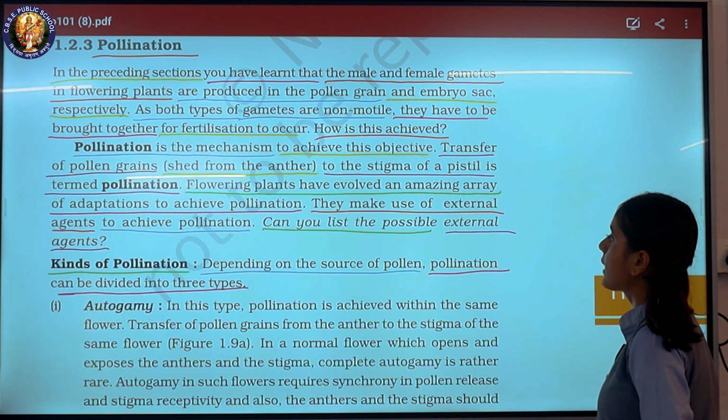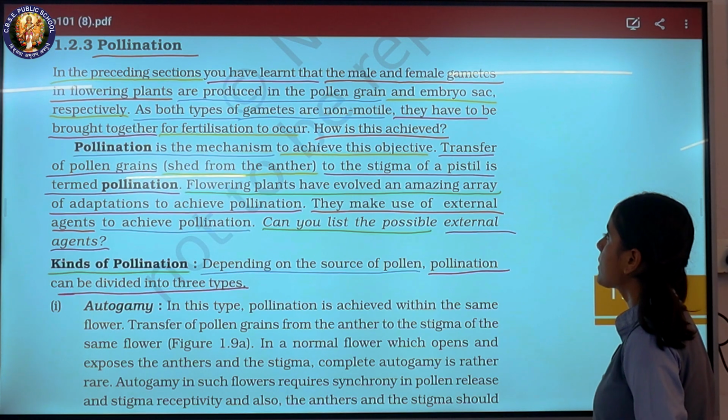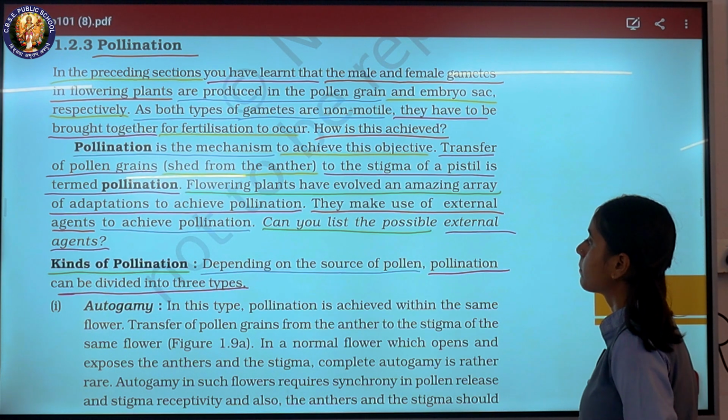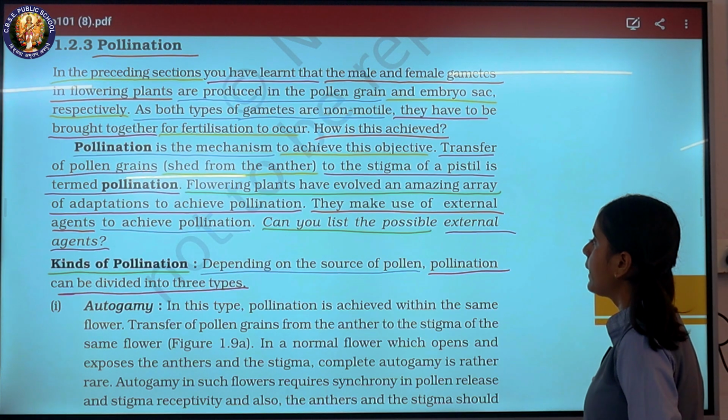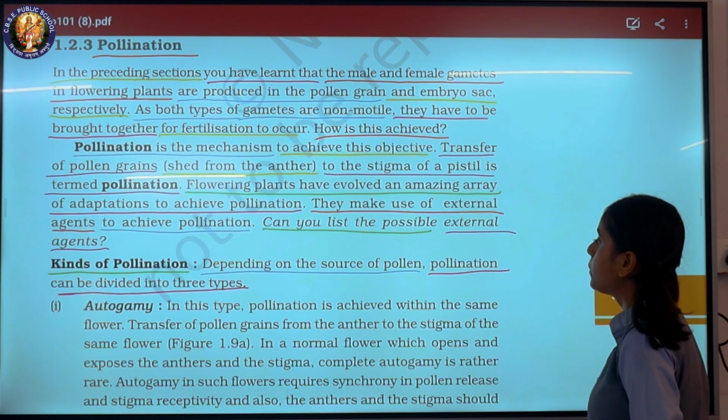They make use of external agents to achieve pollination. Can you list the possible external agents? Kinds of pollination. Depending on the source of pollen, pollination can be divided into 3 types.